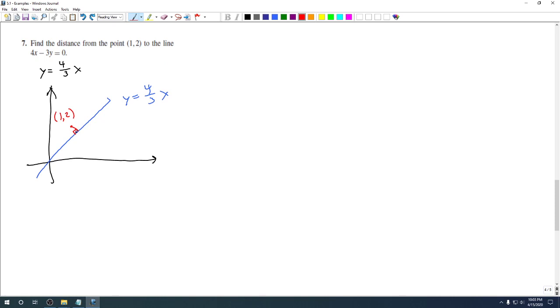And kind of wish they gave us a point that was a little bit further away from the line so it'd be a little easier to work with. But this point really is pretty close to the line. But we're doing the same thing. We're thinking of (1, 2) as a vector. Maybe I won't draw it this time to not clutter it up too much. We want another vector along our line.